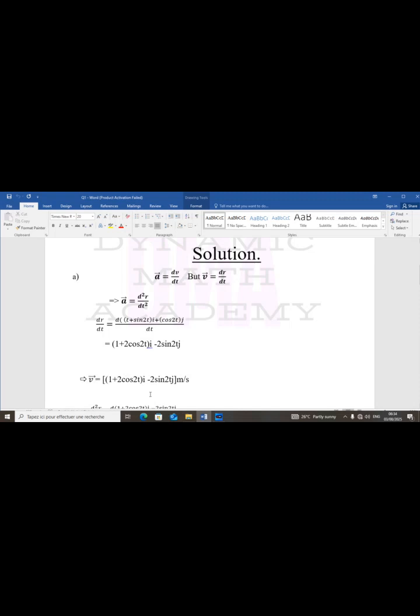Now the second derivative, that's the acceleration, will simply be equal to the derivative of the velocity. So it will simply be the derivative of (1 plus 2 cos 2t) i minus 2 sin 2t j with respect to time. Remember the derivative of 1, a constant, is 0.